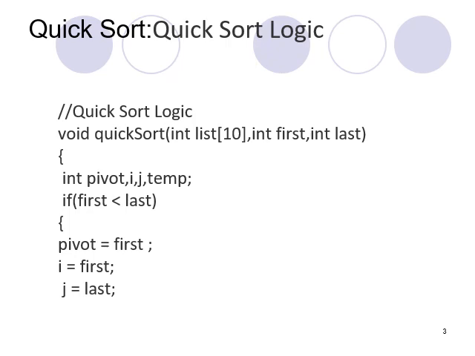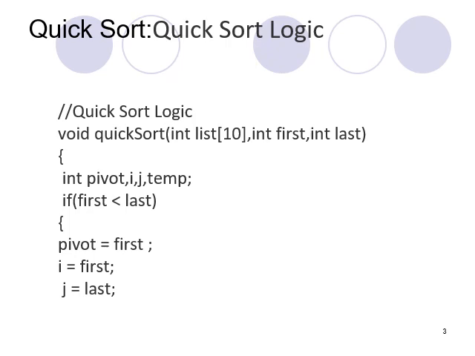First we assume the pivot is A of 0, the starting element. Then we set i and j.